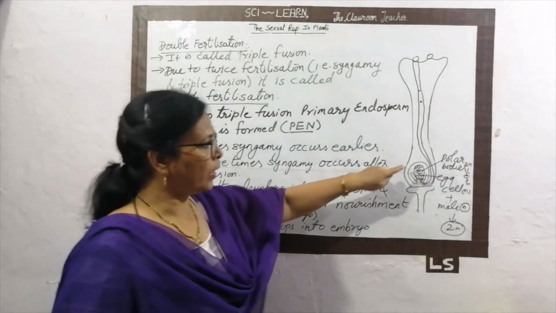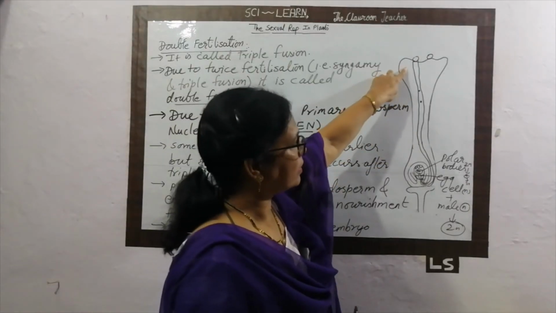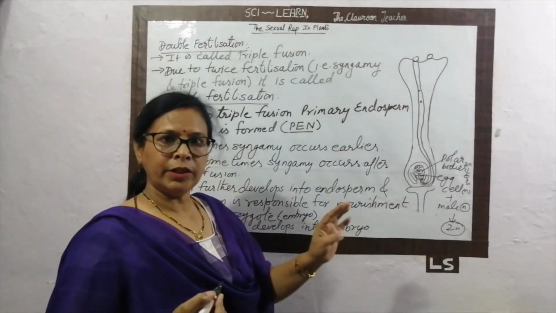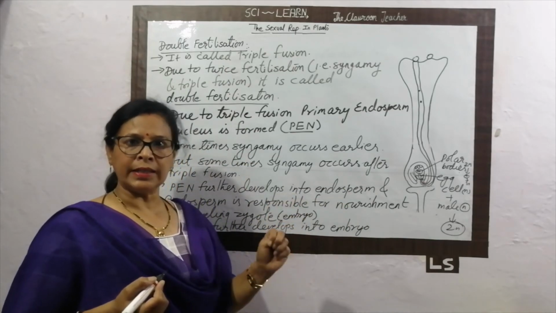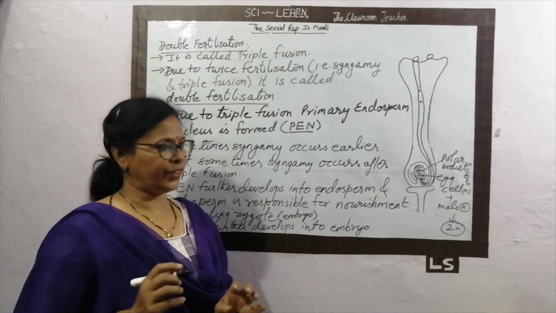But what happened to the antipodal cells? What happened to the style, the stigma and all those things? After the process is over, the synergids, the antipodal cells, and all these degenerate.